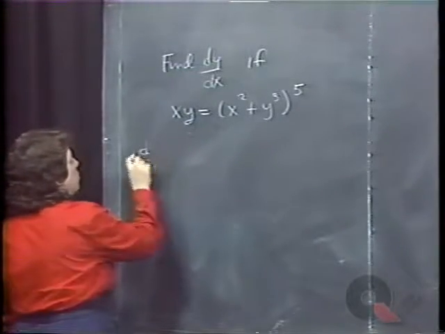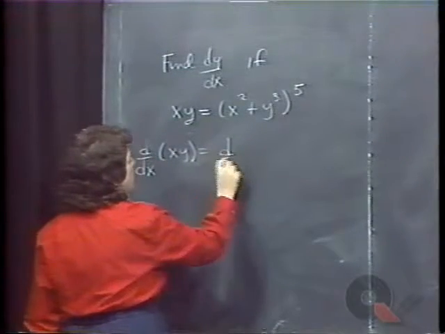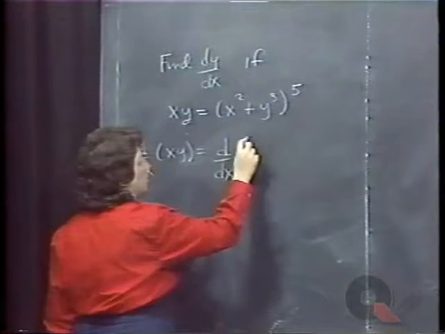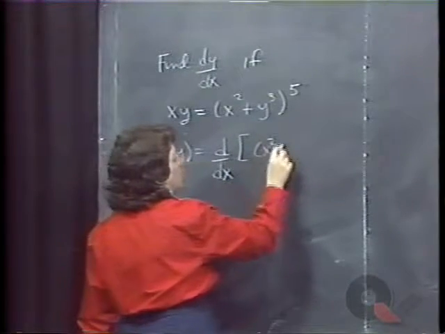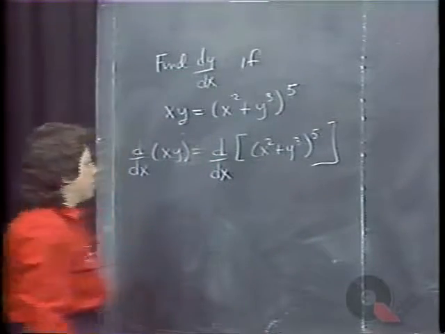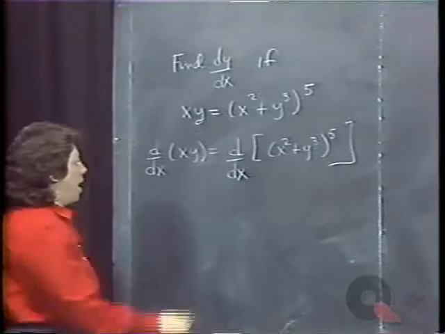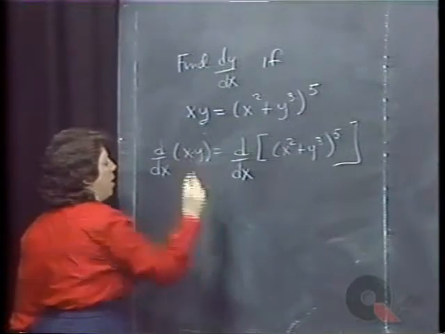We're going to take derivatives of both sides with respect to x. Now, on the left side, we have, once again, a product.